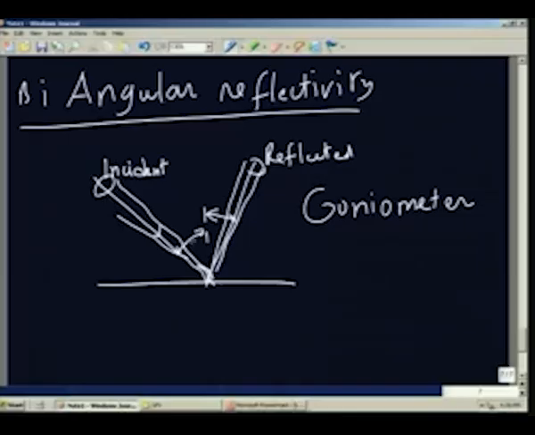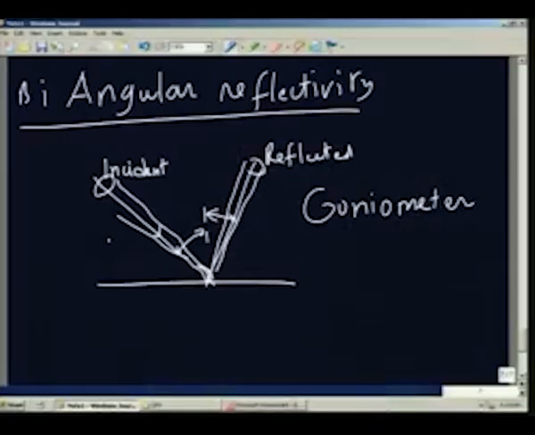Of course, the way I have shown it here, the two angles are in the same plane, they need not be in the same plane. I am talking about the plane of the figure I have written here. It can be coming in one direction and going in any of the 2 pi steradians of the hemisphere. So, if I show that schematically, we can show it like this.